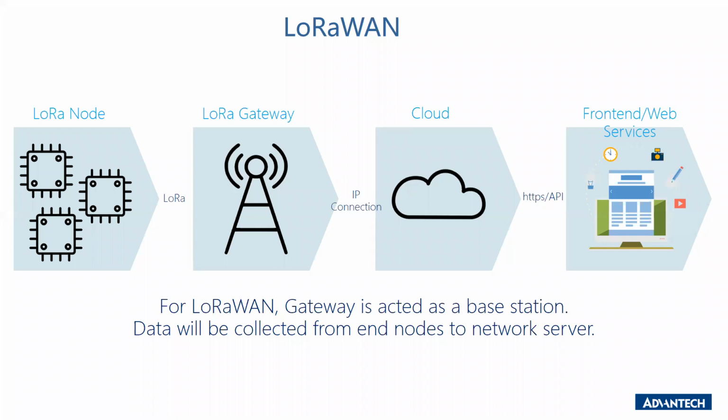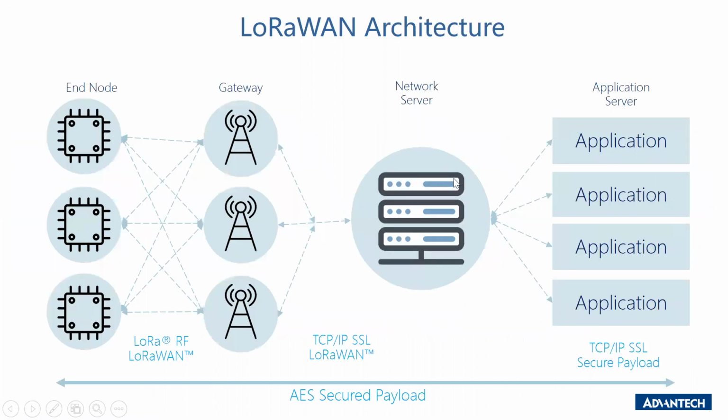These carriers have public LoRaWAN networks. What's important is this network server: in a public LoRaWAN network, the LoRaWAN gateway is not acting as a network server. The network server functionality is being done in the cloud.